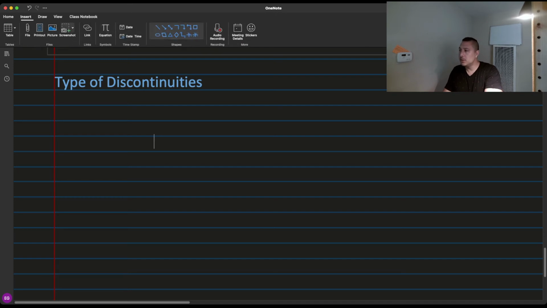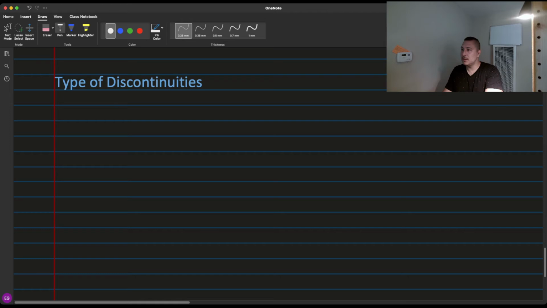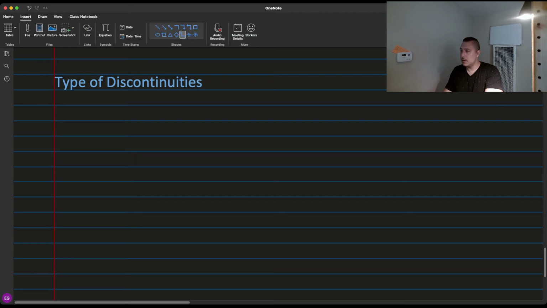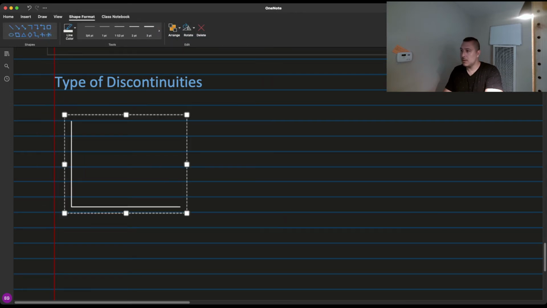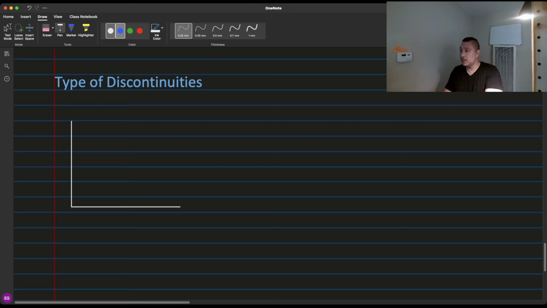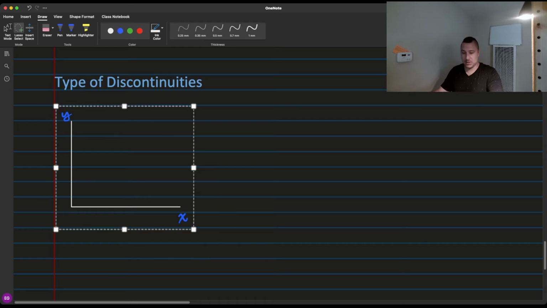It is really cool. Okay, so let me quickly set up some axes. And we'll explain this. So here's our xy axis. We're going to have 3 types of discontinuity, so I just want 3 of these.